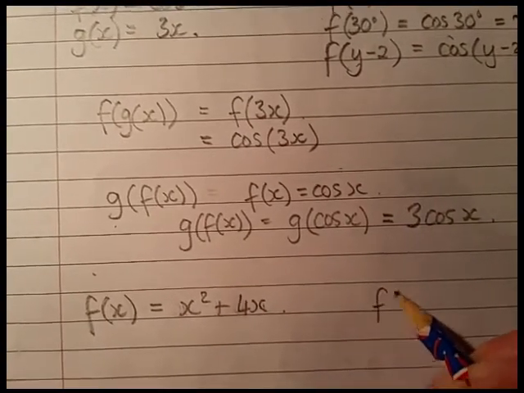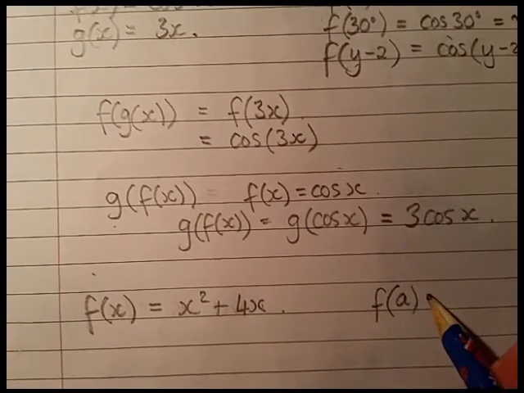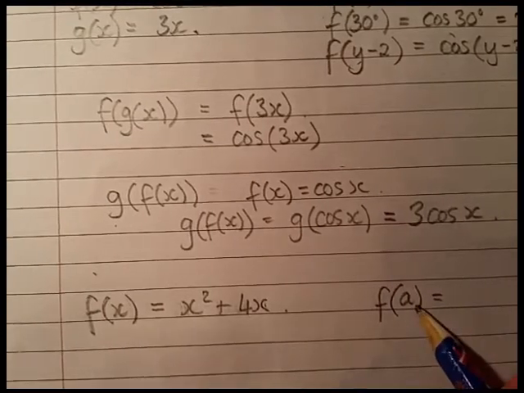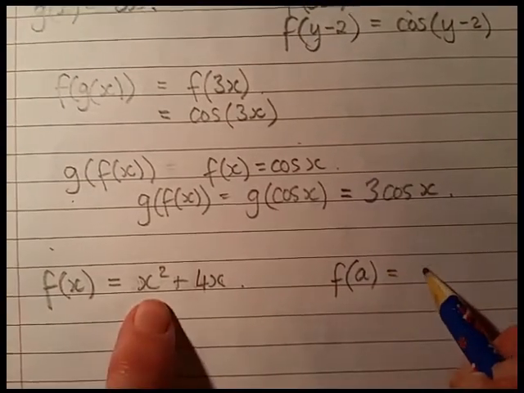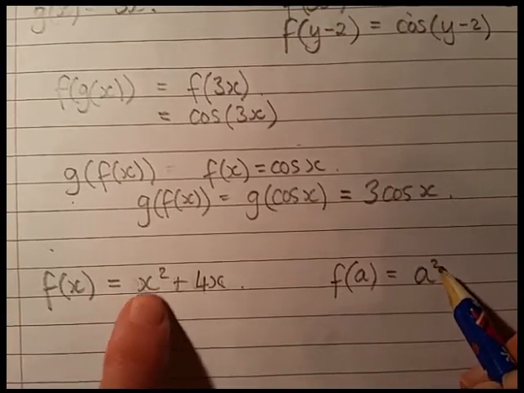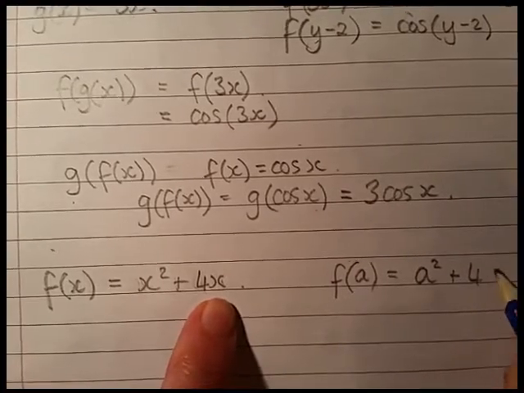So f of, let's say, a would be... Well, what are we putting into the function? We're putting a in, so we need to square a. That's what we do to it. And then we need to add on 4 times a.